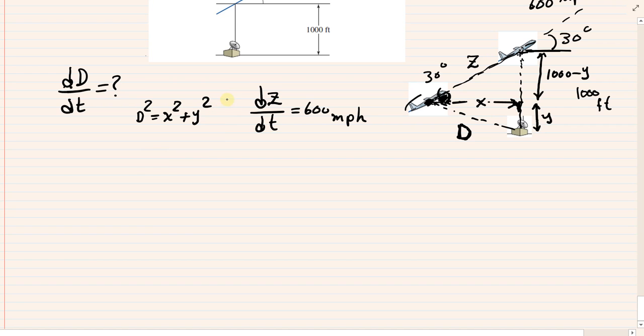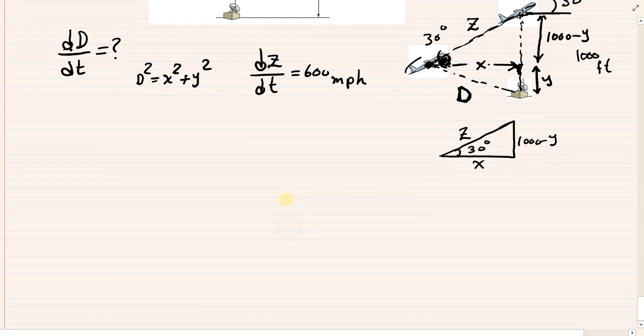Okay, so now let's take a look at this triangle. This is 30, that's Z, and this is 1,000 minus Y, and that is X. So in this triangle, if I look at, for example, sine of 30, that's opposite over the hypotenuse, and that's 1/2.